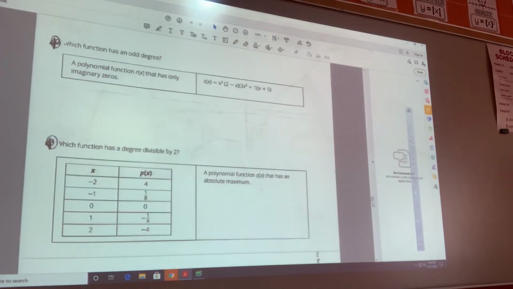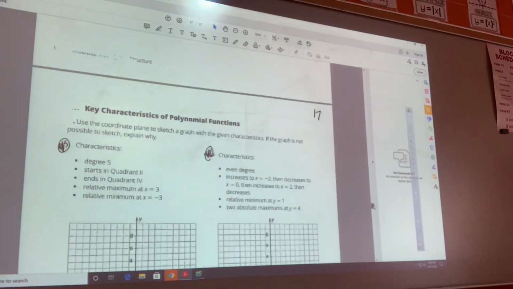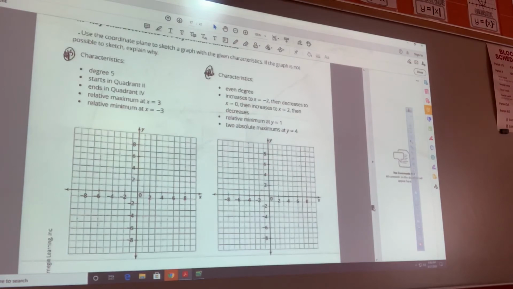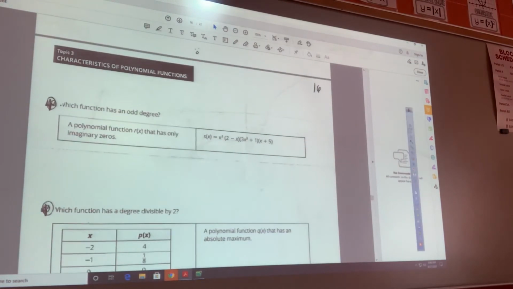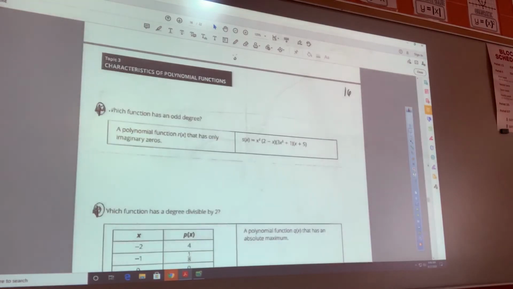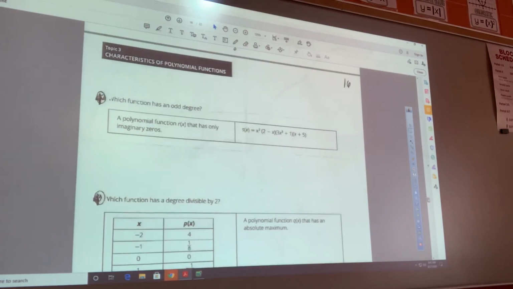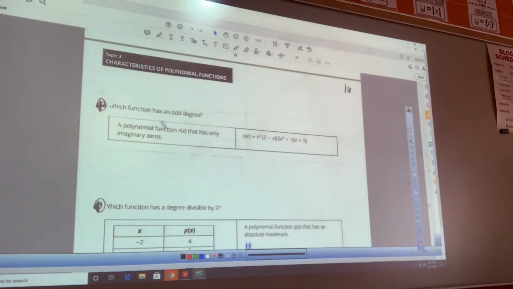Let me look at that. Okay, let's give a look at this. Which function has an odd degree? So this says a polynomial function r of x that has only imaginary zeros.